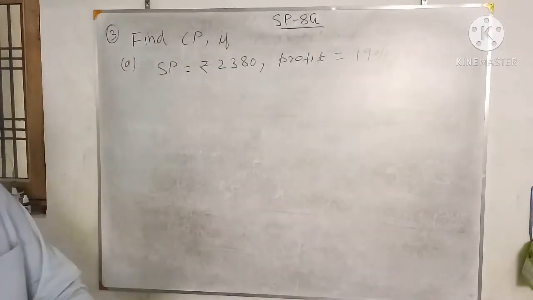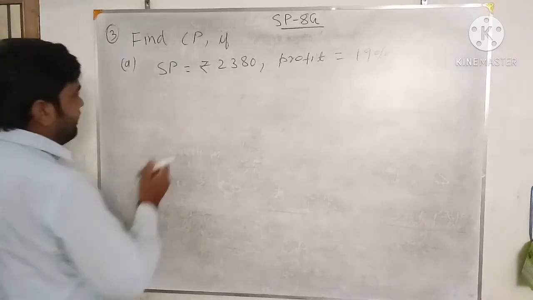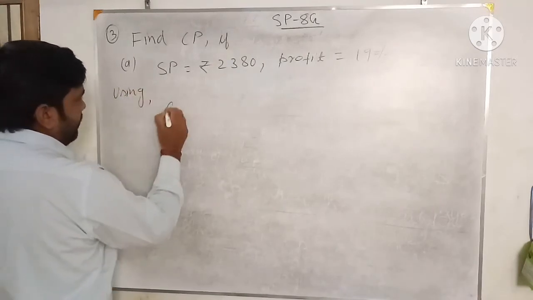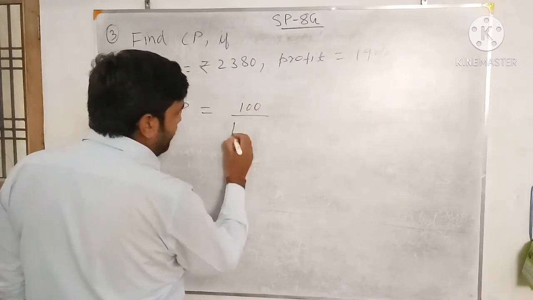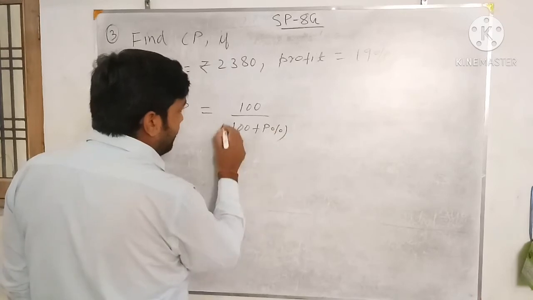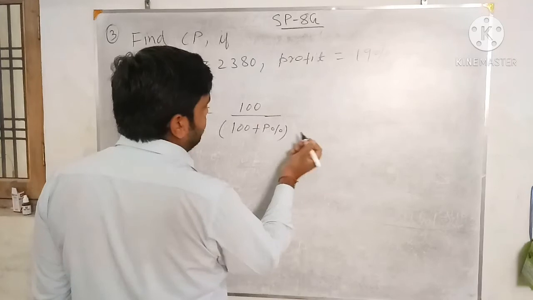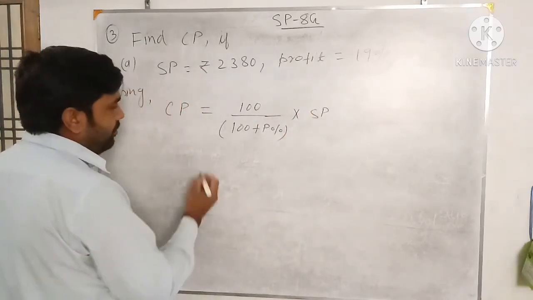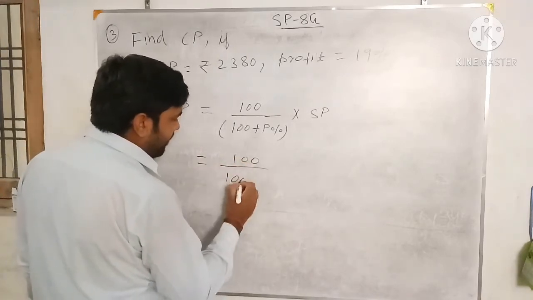So how do you do it? We have the formula: cost price equals 100 upon (100 plus profit percent) into selling price. Now again we substitute the values.